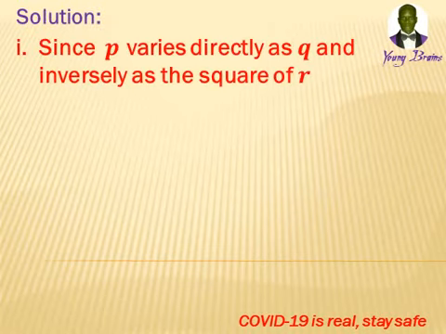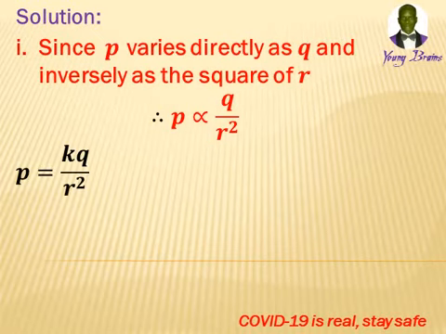Roman figure 1. Since p varies directly as q and inversely as the square of r, we can then have p is directly proportional to q and inversely proportional to r squared. Introducing our constant, we then have p equals kq divided by r squared.